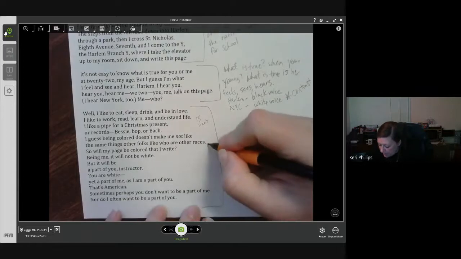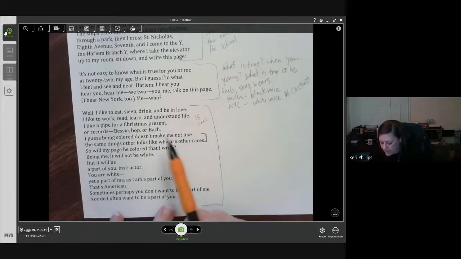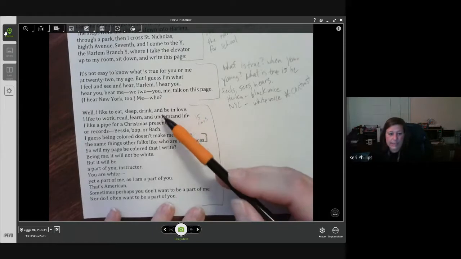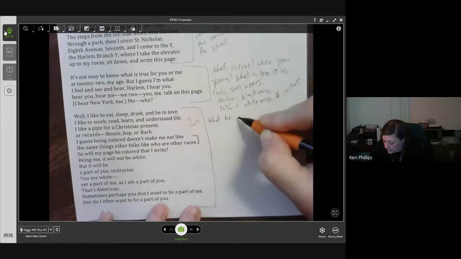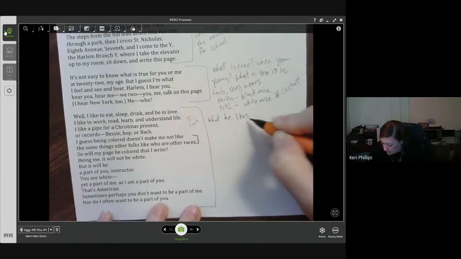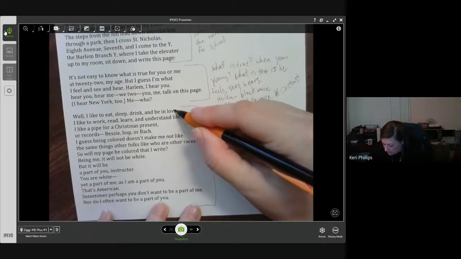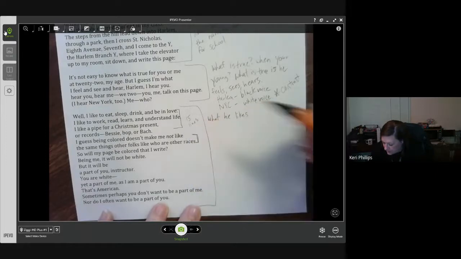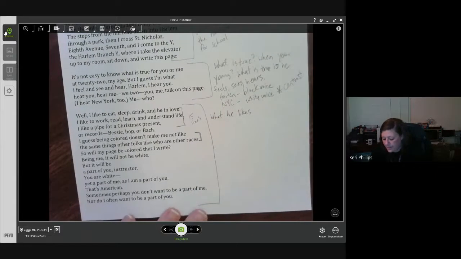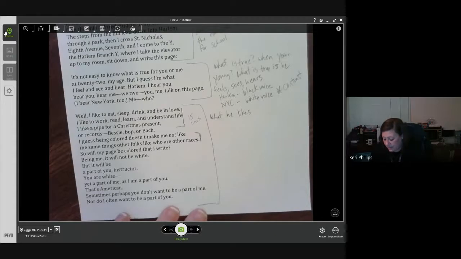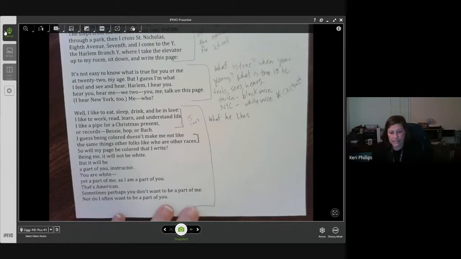So this is its own little change here, right? This is what he likes. So this right here, this is all what he likes. Then it says, I guess being colored doesn't make me not like the same things other folks like who are other races.